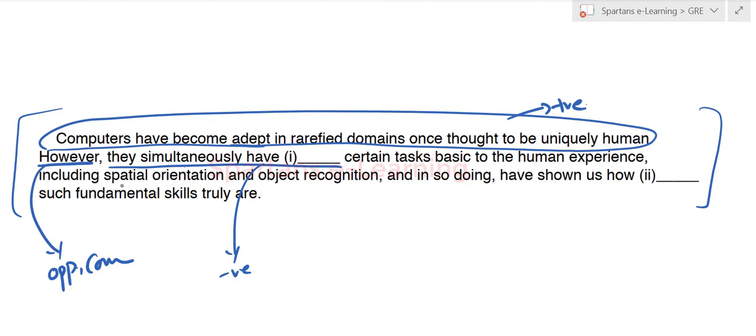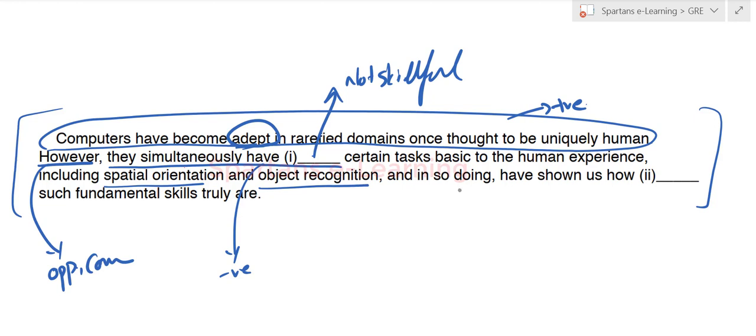Now however they simultaneously have dash certain tasks basic to human experience. So earlier they are adept, here they are not adept. They simultaneously are not skillful, so something like not skillful in certain tasks, okay? And what are those tasks? They are spatial orientation and object recognition, and in so doing have shown us how dash such fundamental skills truly are.